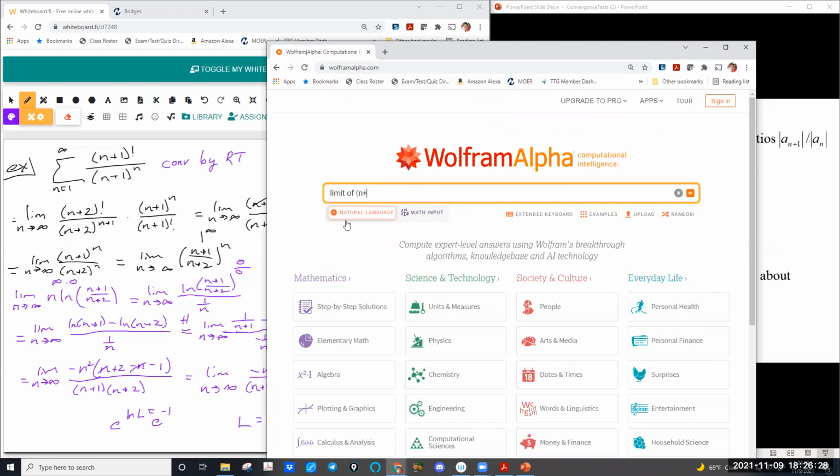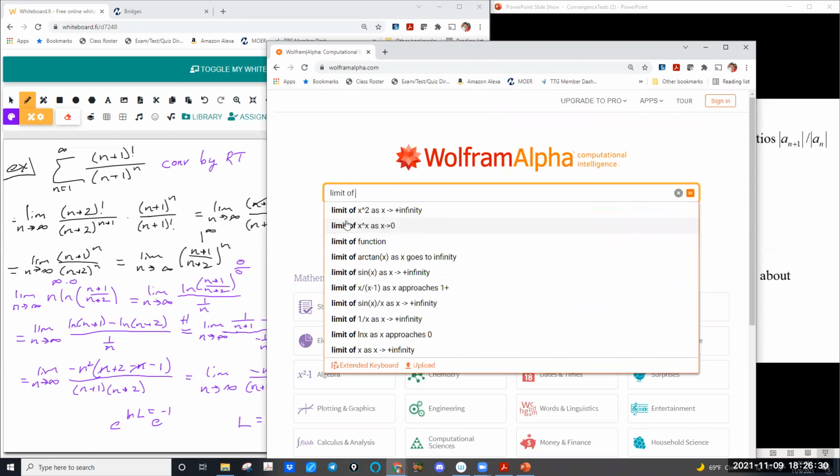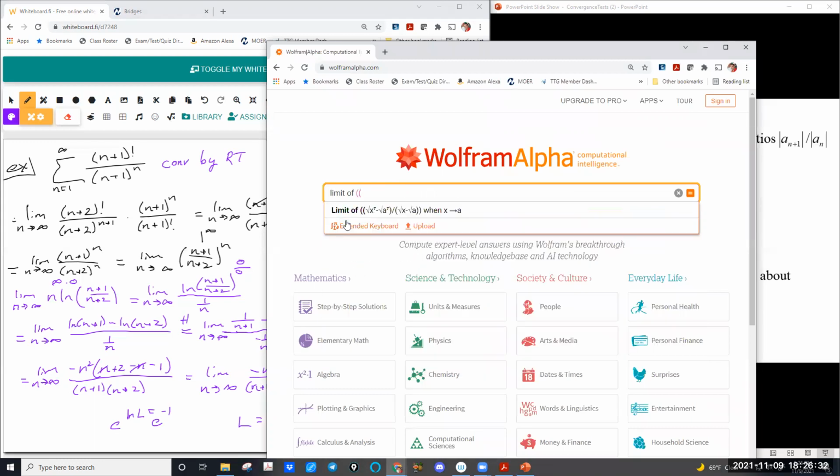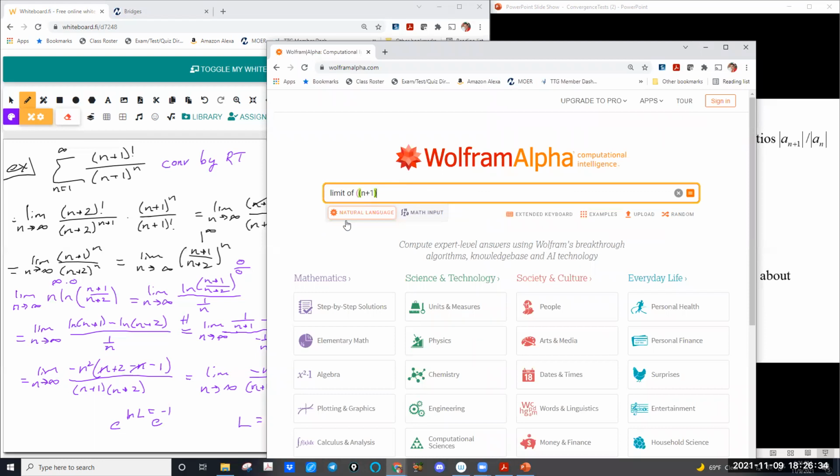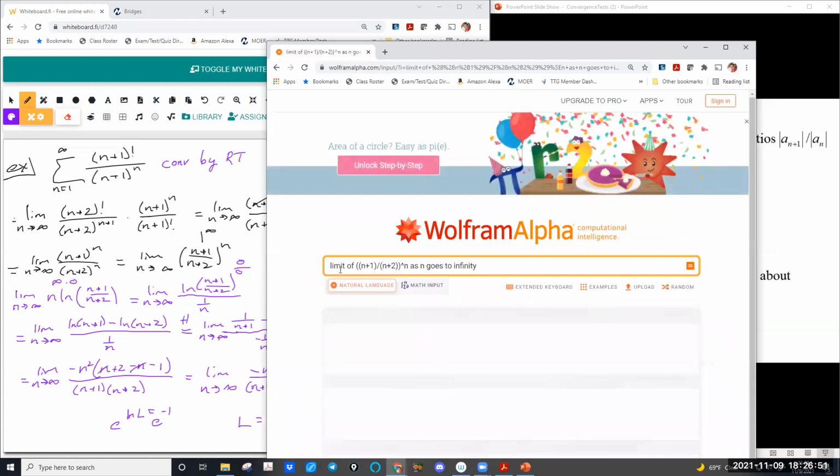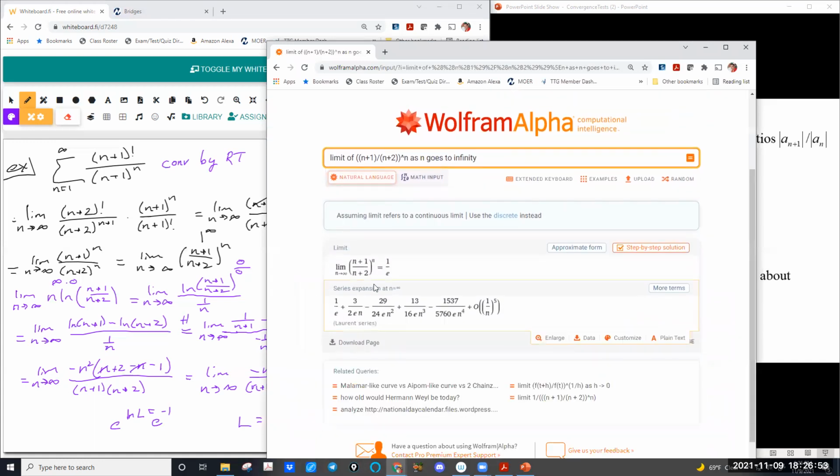So let's go with that. n plus 1, so 2 sets of parentheses. n plus 1 over n plus 2, n plus 2 to the n as n goes to infinity. And there is our limit of 1 over e.